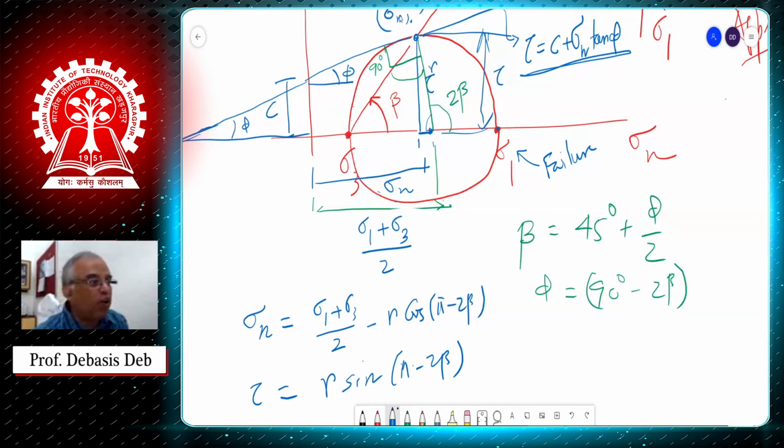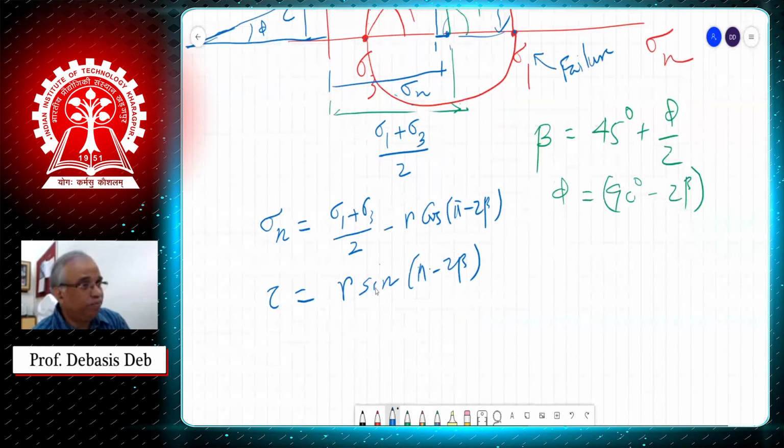Now you already know 2 beta is 90 degree plus phi. So you put it there. This is pi, 180 degree. So you can manipulate. The manipulate means what I'm saying is you can replace the beta in terms of phi.